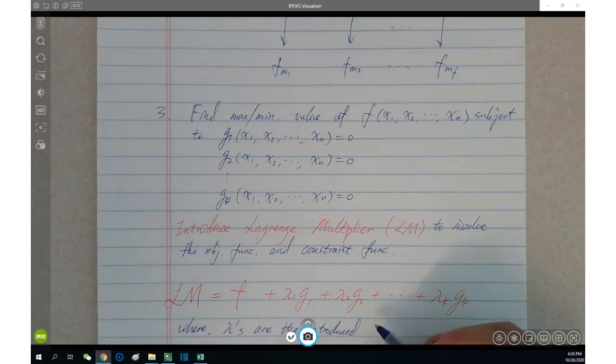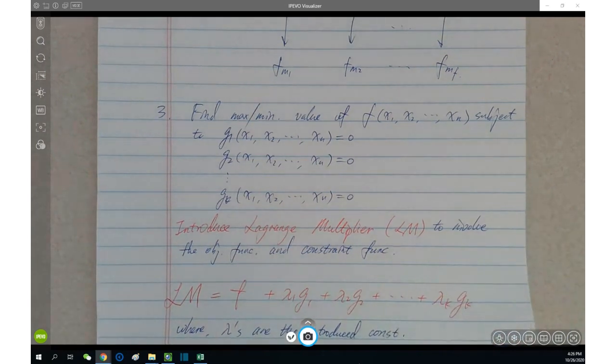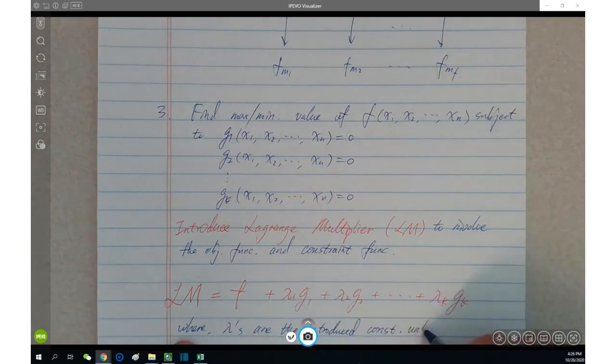Okay, unknowns. Introduce constants. They're unknowns.